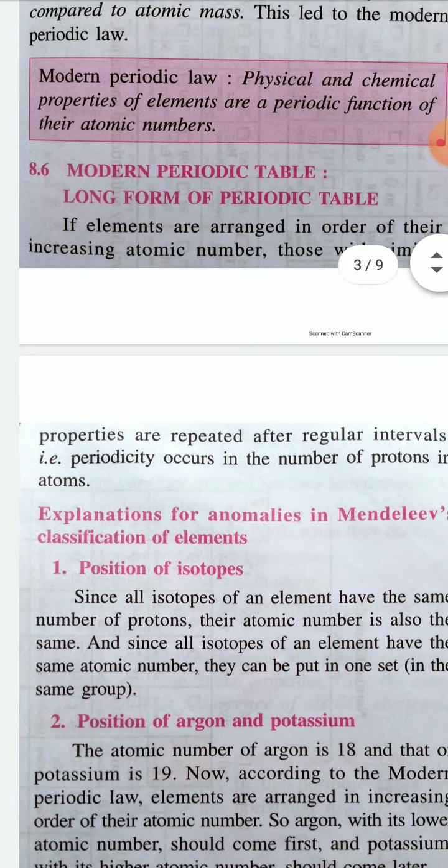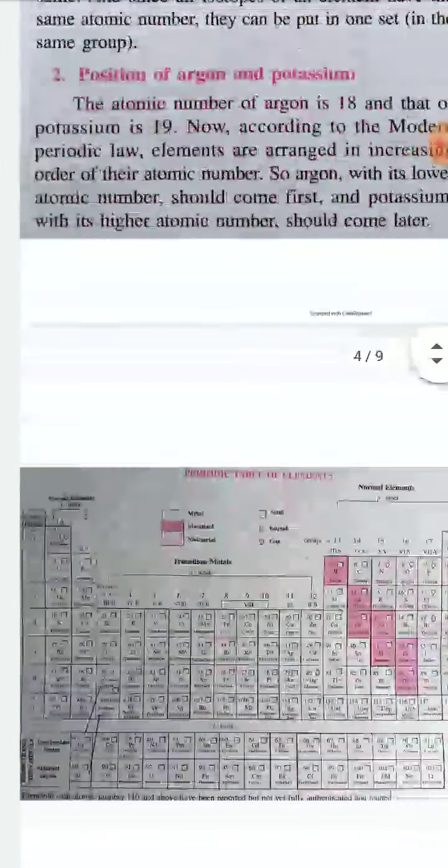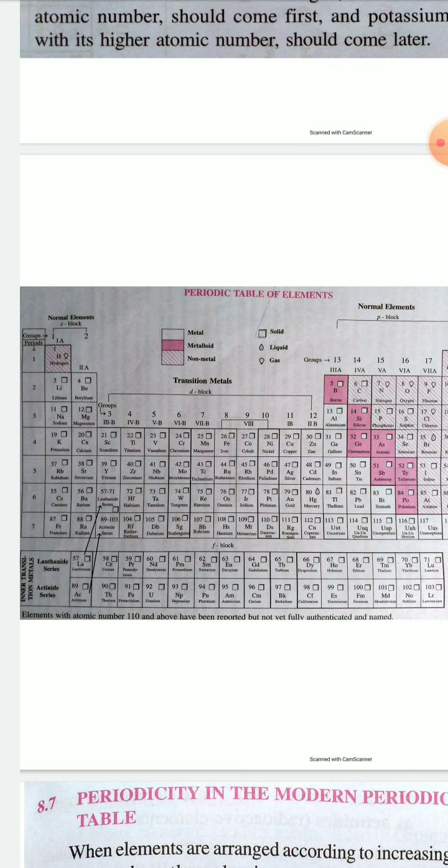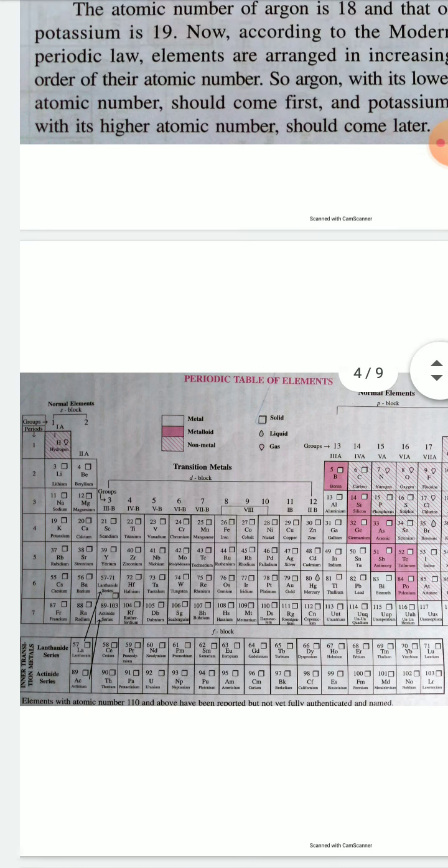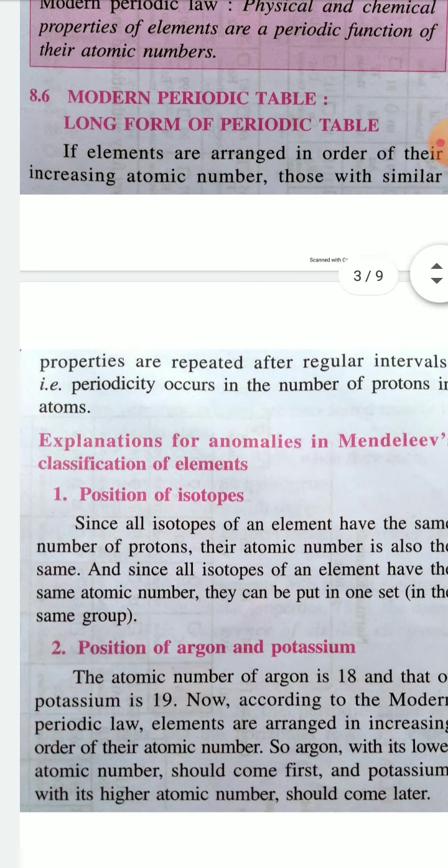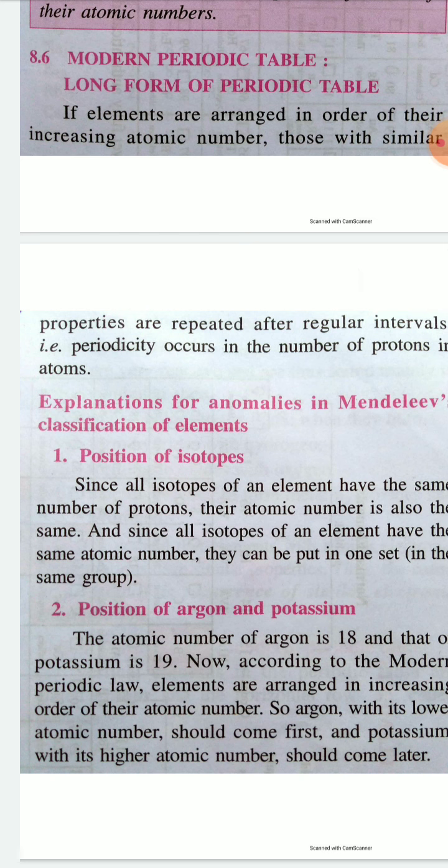And the modern periodic table looks like this. Okay, this is modern periodic table, or long form of periodic table. Now, explanation for anomalies in Mendeleev classification of elements. I've told that there are very many demerits of Mendeleev periodic table and periodic law.